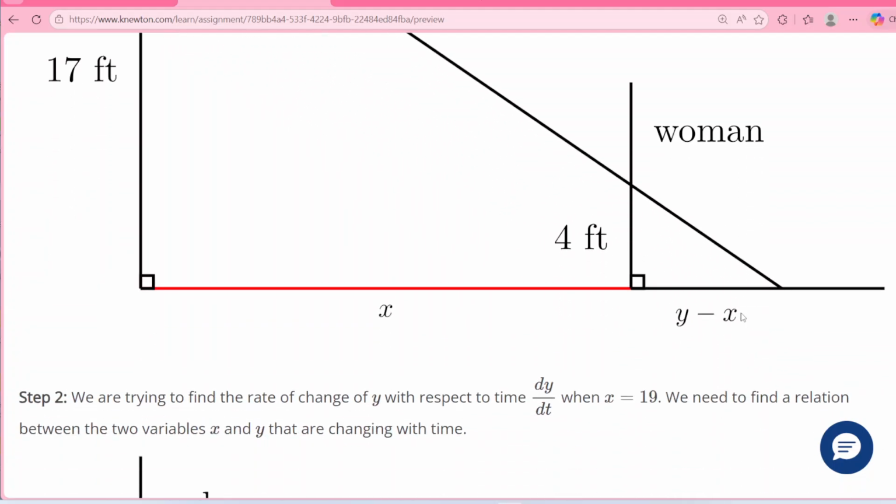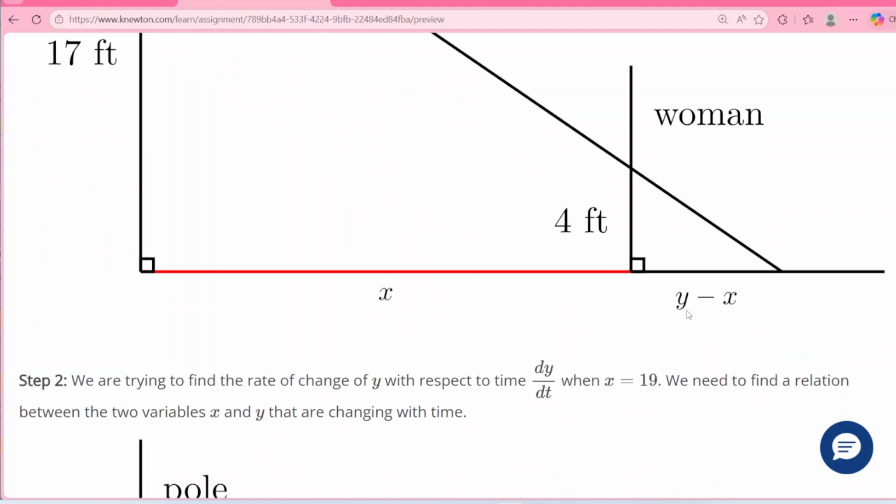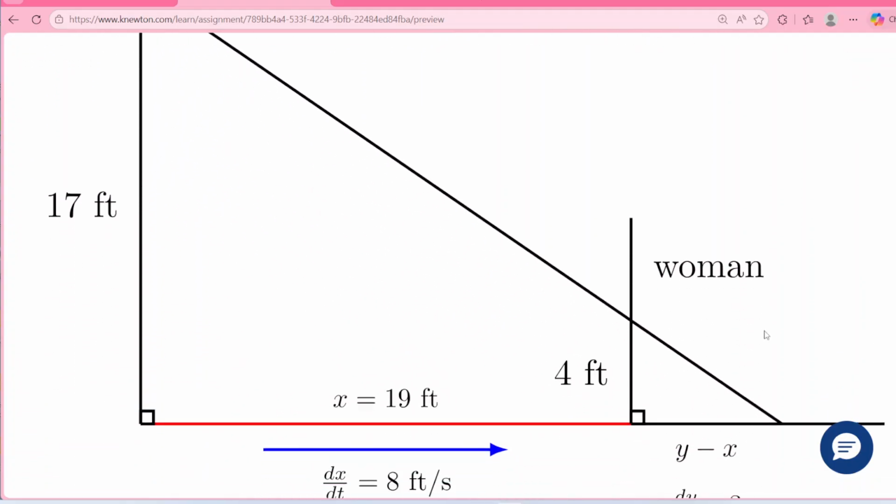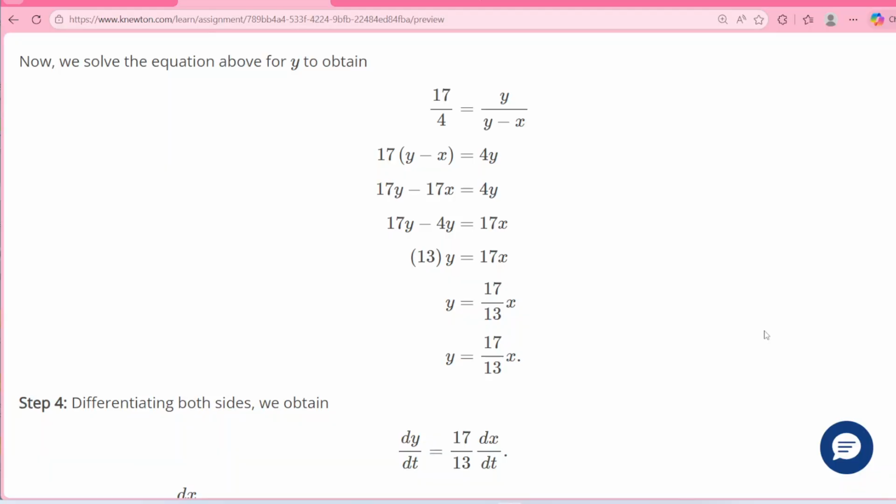And they try to draw, see, they're using y and x, whereas I used s and d. This is s minus d in my picture. Same thing. And they set up proportions and all that.